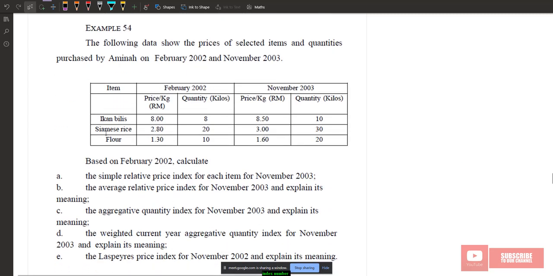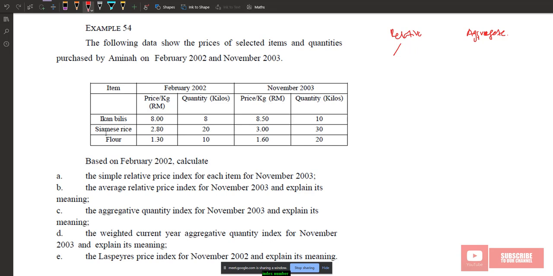Now look at example number 54. In this example, we will apply all the formulas that we have already learned. So far, we have looked at the relative index number and the aggregate index number.